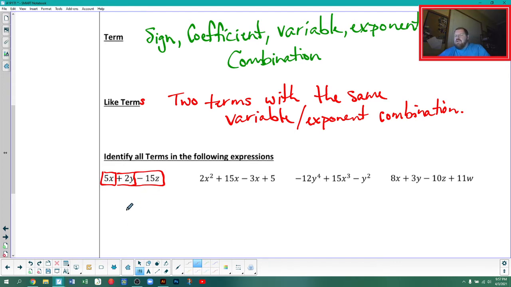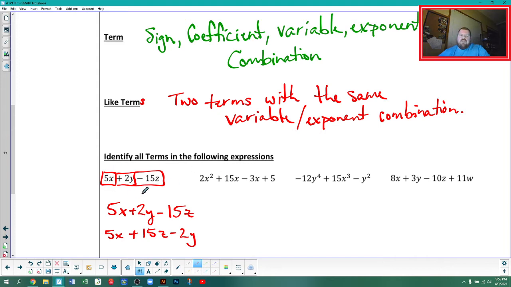You can't move things around subtraction. If I write it down, I cannot do this. This is not allowed, right? Those two things are not equal.